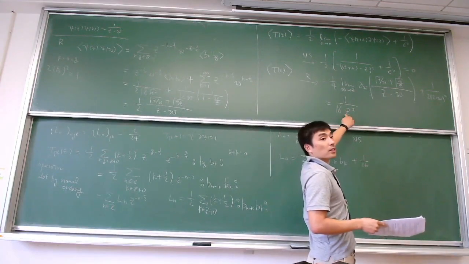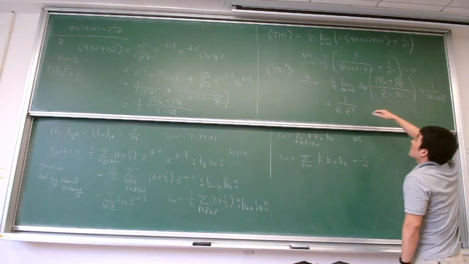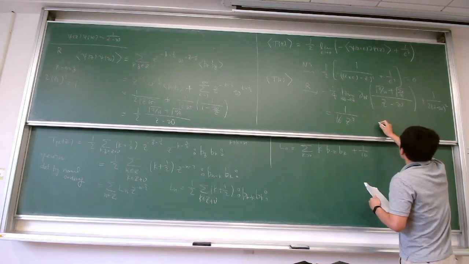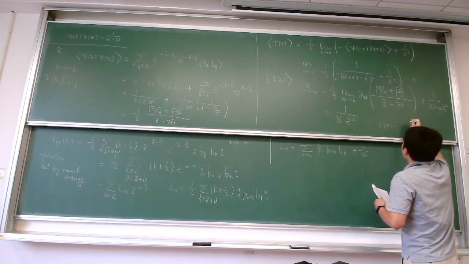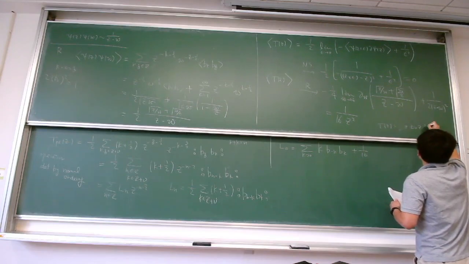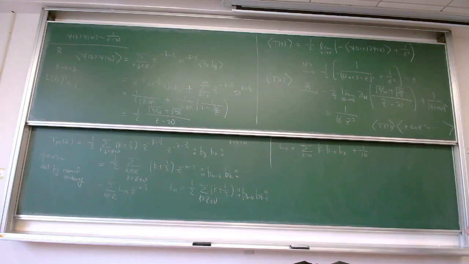If you do this expansion, what you get is L0 plus L0 Z minus 2 plus so on. If n is greater than 0, it annihilates the right vacuum.